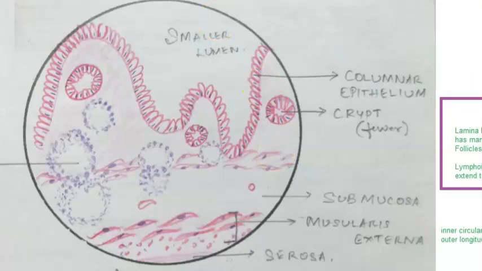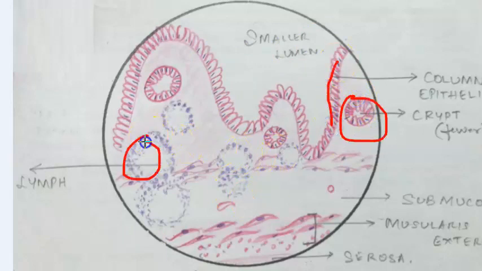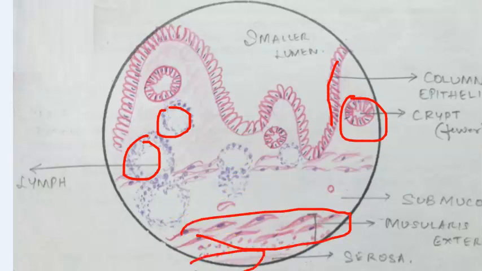The normal appendix structure, if you draw it: a smaller lumen, the columnar epithelium with crypts, then the lymph nodes with germinal centers in the submucosa, then the muscularis externa and the serosa.